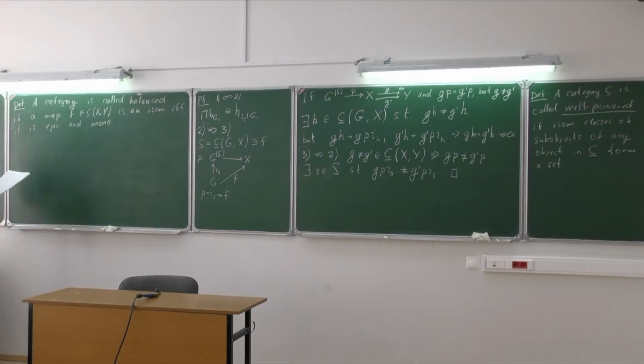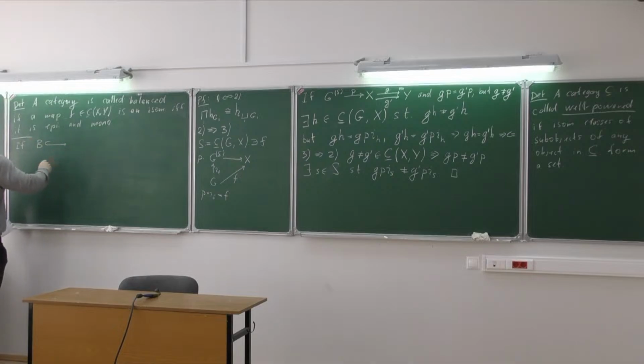Okay, so now we have the notion of well-powered, we have balanced. Well, to formulate the next theorem, I also need the notion of the intersections. It's not really a definition, just to remind you that suppose we have two sub-objects, let's maybe call them B and B prime.